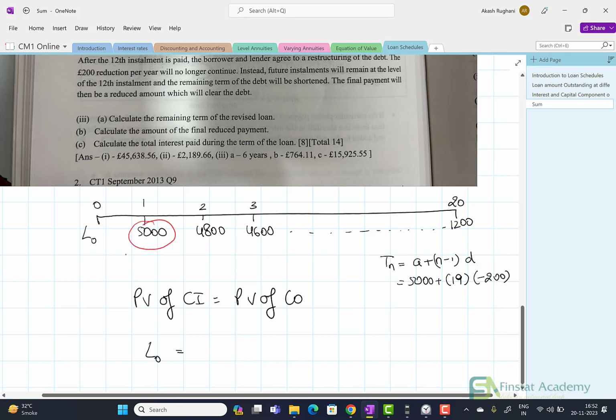So the first payment is P. The second payment is 200 lesser. So can I say Q is minus 200? I'll use my formula (P minus Q) A_n plus Q (IA)_n.